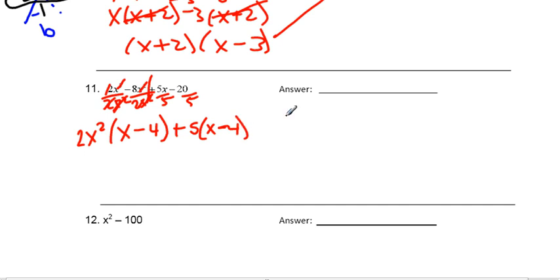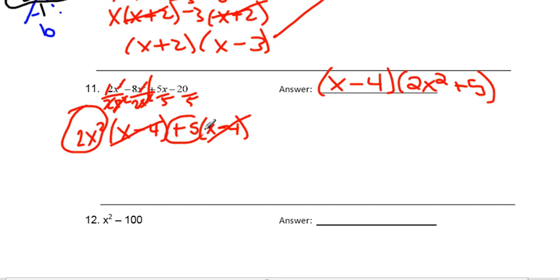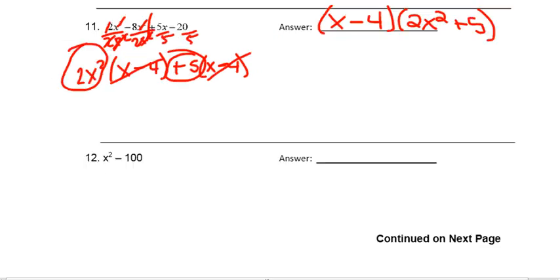So what do they have in common? X minus 4. What's left? 2x squared plus 5. Next one.